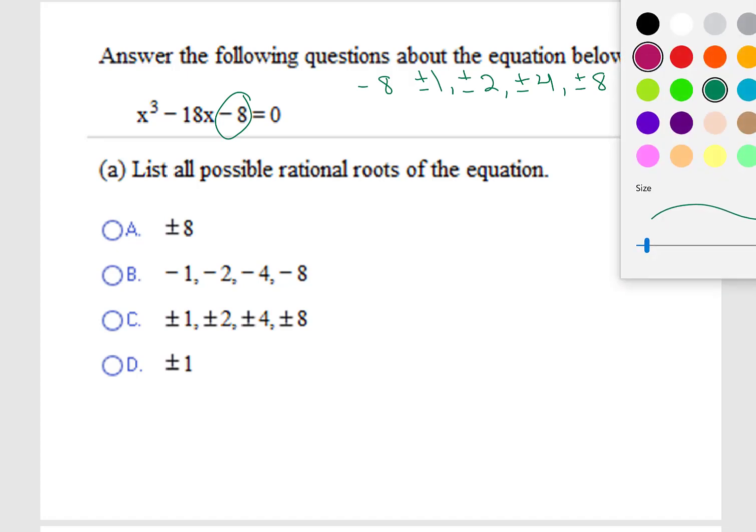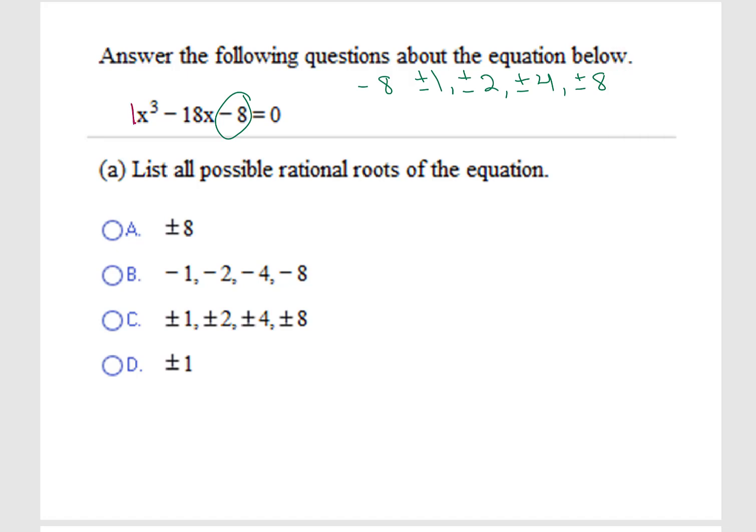Then I'll take my leading coefficient and write down all the factors, ±1. Makes life so easy because I know that all of these over ±1 just give me whatever value I see up there. So C is my answer.